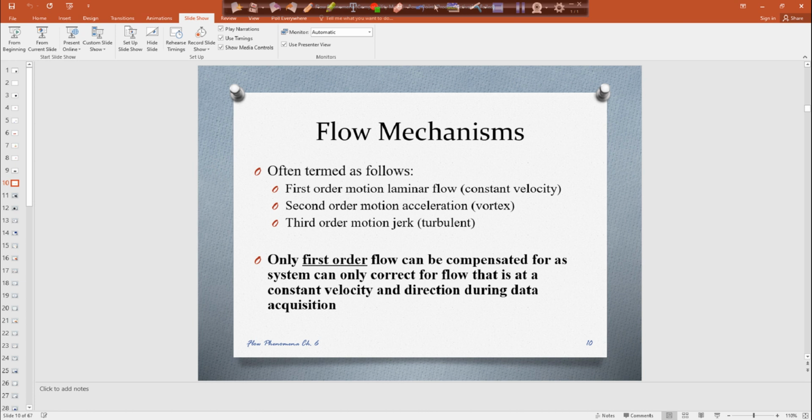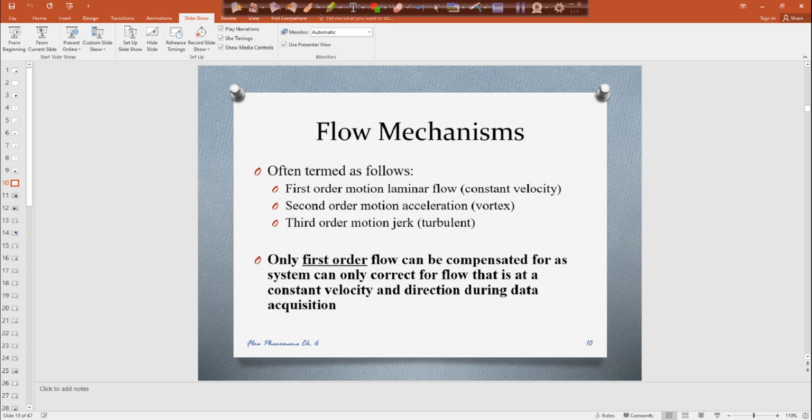Our vortex blood flow is second order motion because remember it speeds up through that stenosis, it accelerates through that stenosis, and then it wraps around once it's gone through that stenosis in a vortex fashion. And then third order is often referred to as jerk motion, and that's due to that turbulence. It's inconsistent. We can't compensate for it.